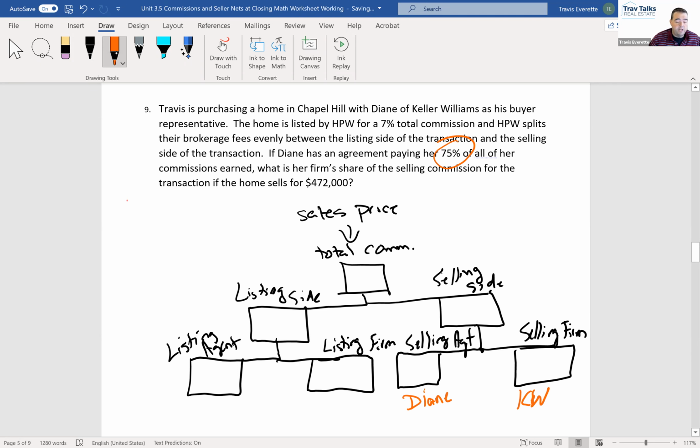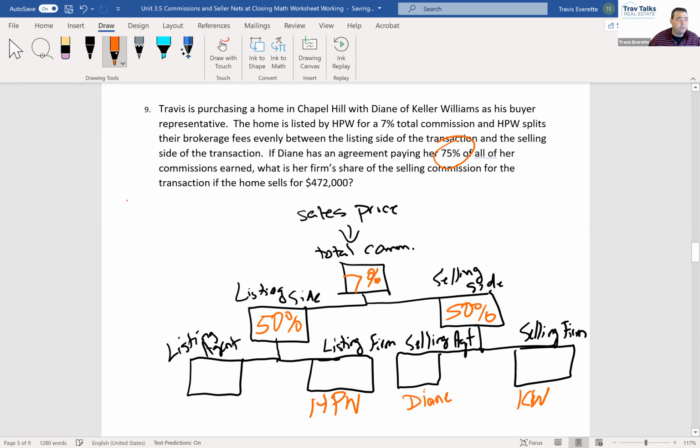It says the home is listed by HPW, so put them over here on the listing firm, for a 7% total commission, and that goes up there at the top. And HPW splits their brokerage fees evenly between the listing side and the selling side of the transaction. Now, evenly, folks, I would just do 50% on either side.